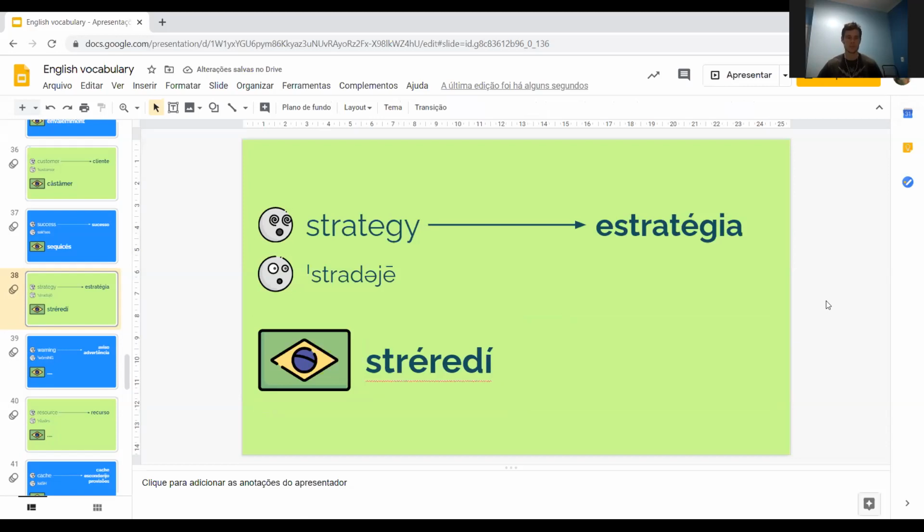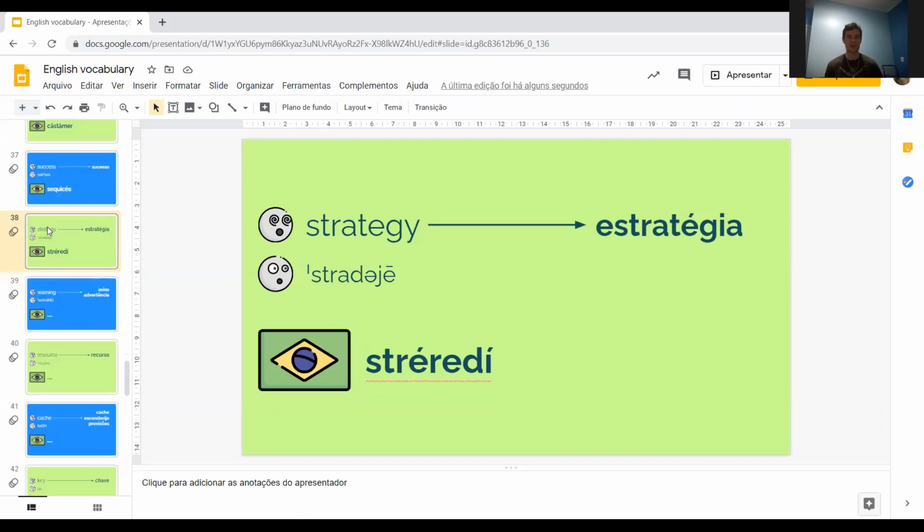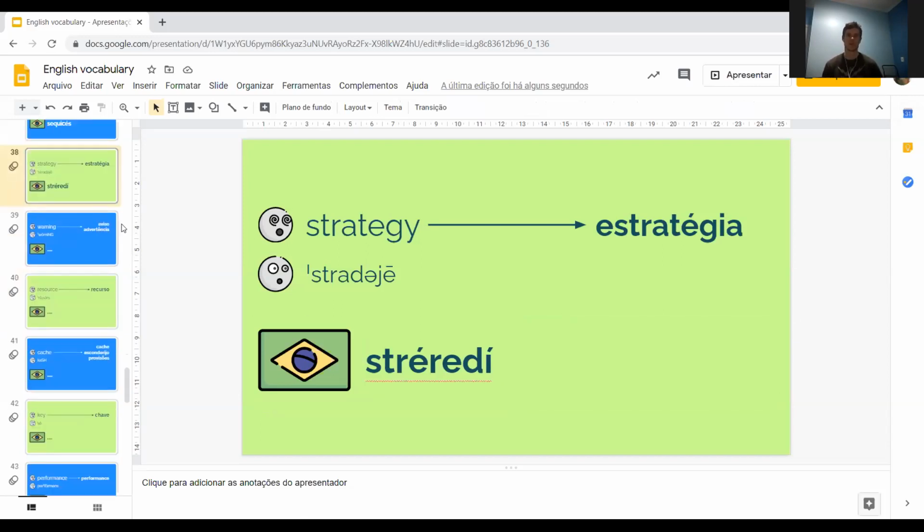I wouldn't emphasize the syllable, but I would just say it maybe a little more clearly. Fully pronounce the E. Strategy. And you want to emphasize the A. Strategy. Good. That's it. Okay. So my strategy to say words right is to study.